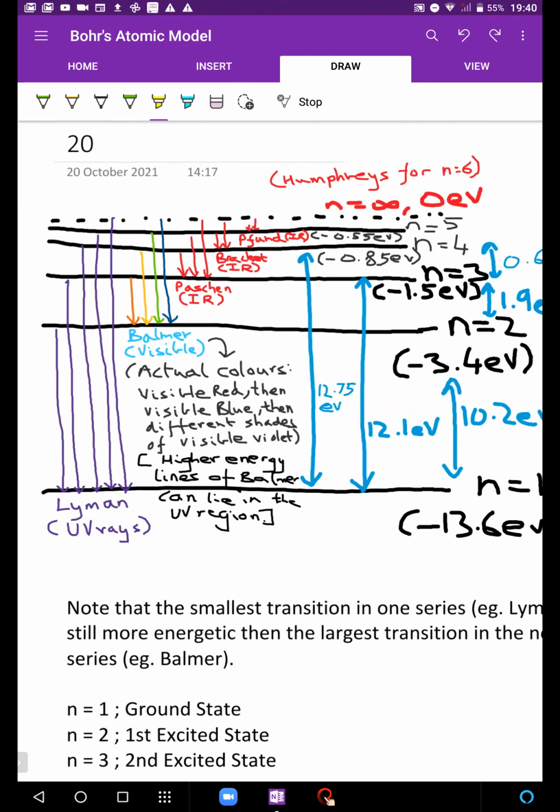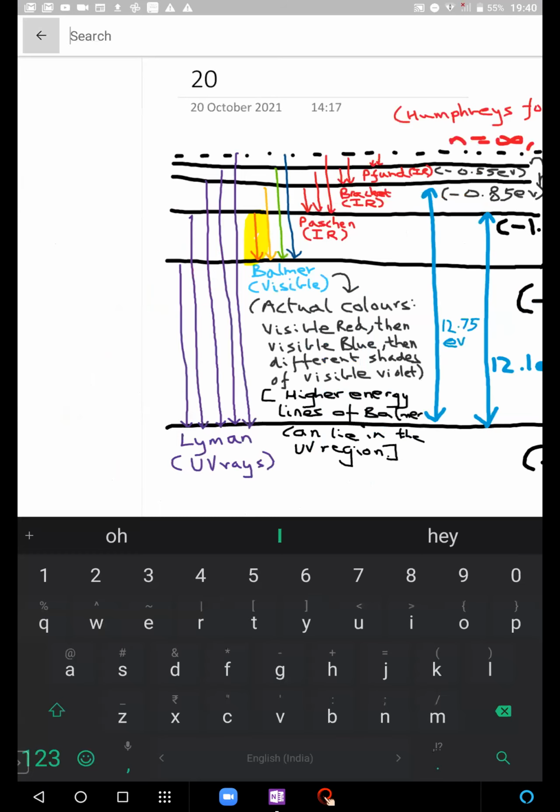It ends on 2. Max wavelength, मतलब smallest energy jump, 3 to 2 वाला जो है वो उसका wavelength max होगा, ठीक है? And minimum wavelength will be the jump coming from infinity to 2. Infinity to 2. And most of the relevant lines, ठीक है?